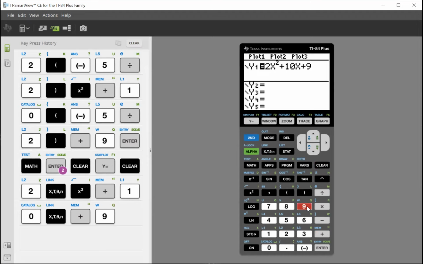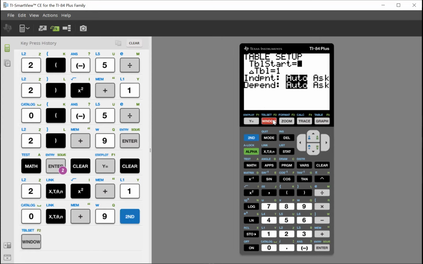Now, here's the thing. We're looking for the minimum value or the maximum value. So if you want to get that on this kind of graph, you see how it's got that 2 in the front of that x squared? We have to fix the table so that it'll do what we need. So I'm going to hit second window, and you see where it's got that triangle TBL equals 1.